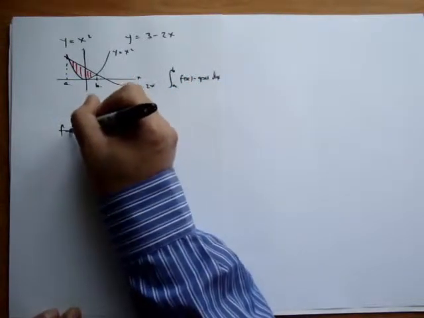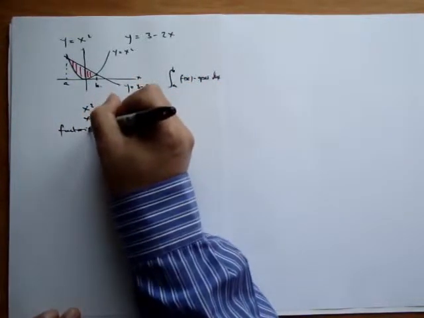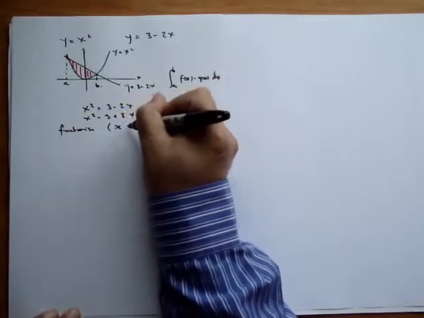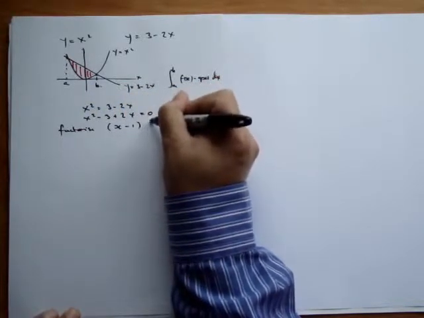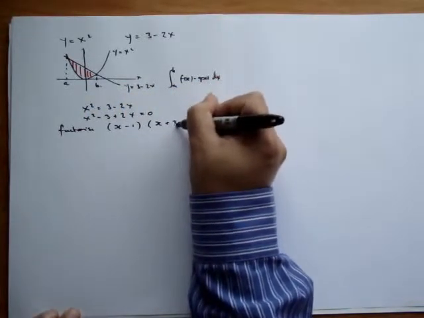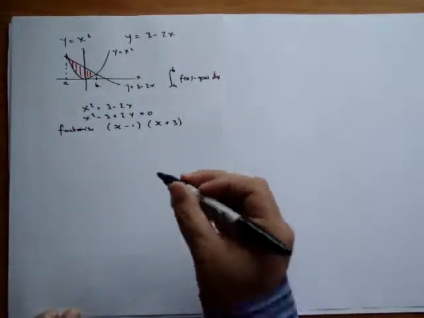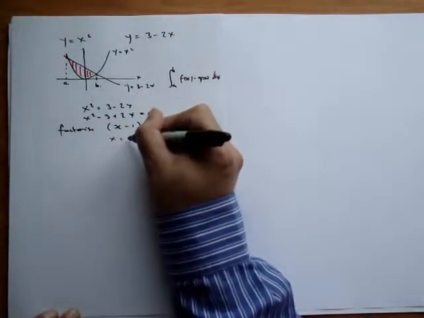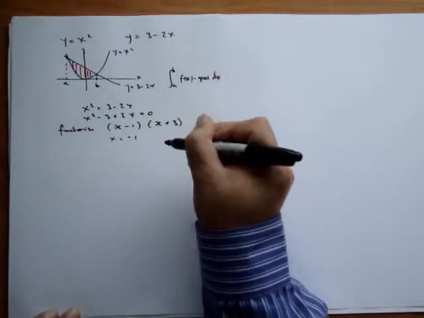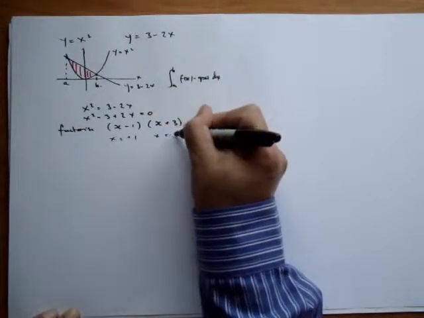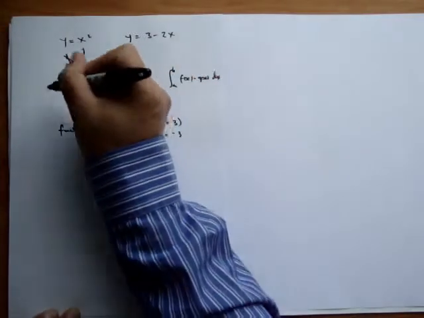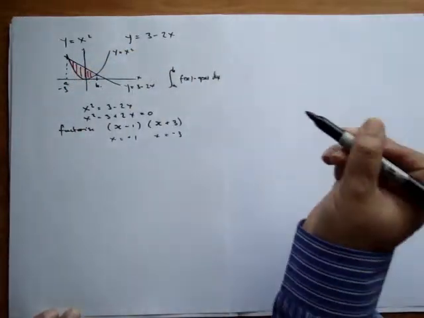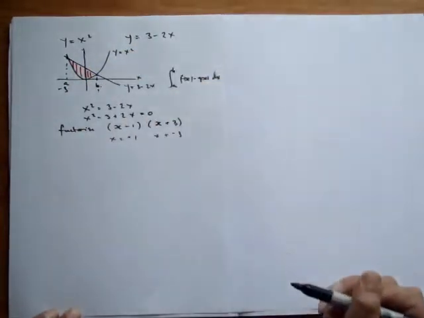So we factorize and we get x minus 1 and x plus 3. So our x values are x equals plus 1 and x equals minus 3. So our a is minus 3 and our b is 1.